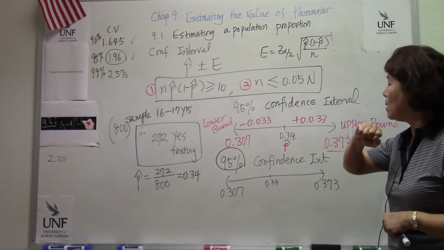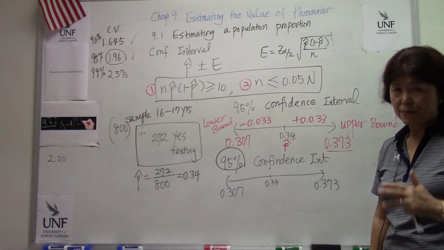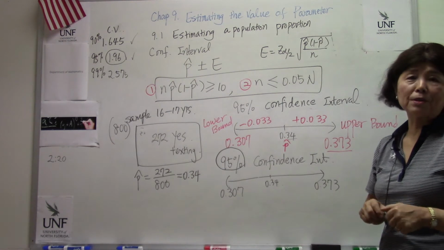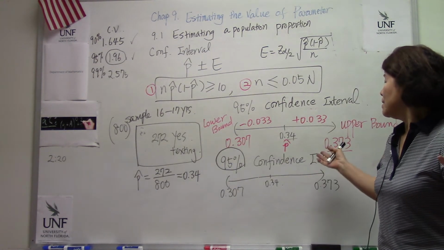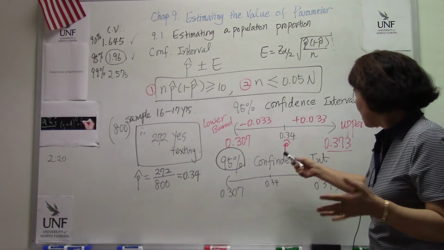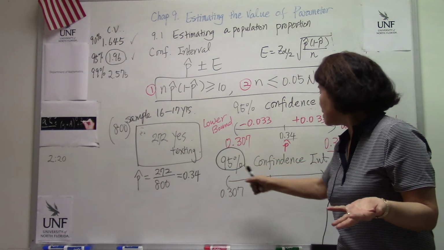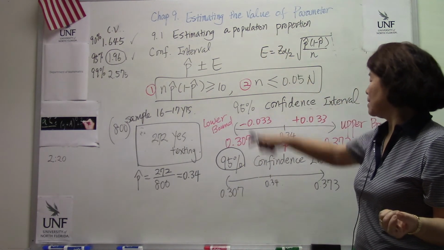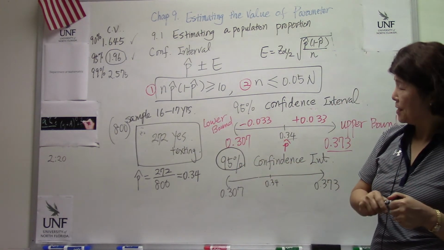We are not talking about one particular interval. I know that is a disappointing thing. We just built this to learn what is going on, but the true meaning is that 95% of all these possible intervals will have the true proportion somewhere in there.